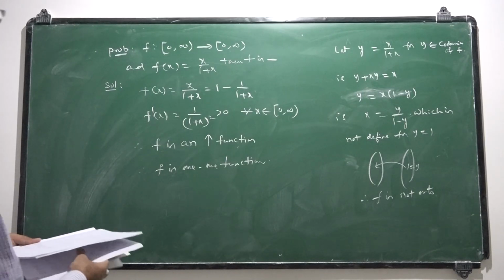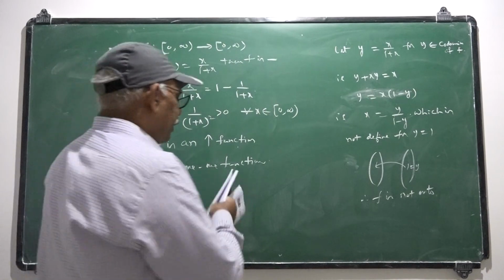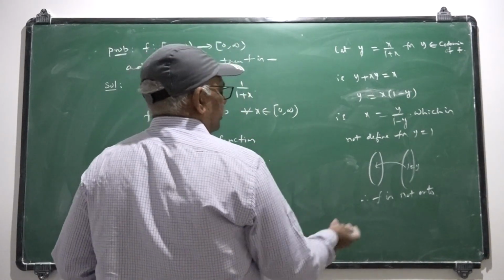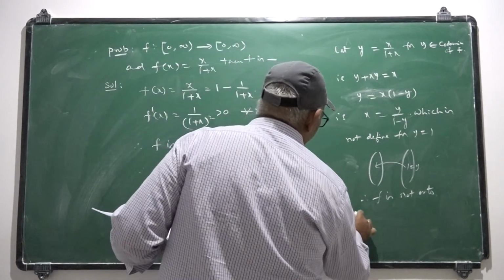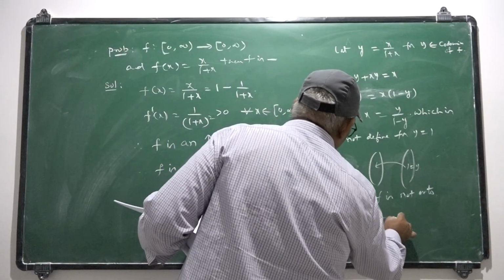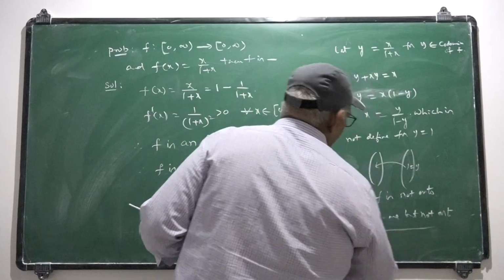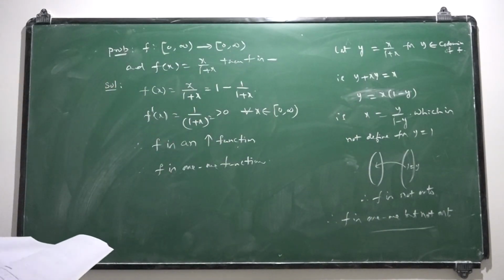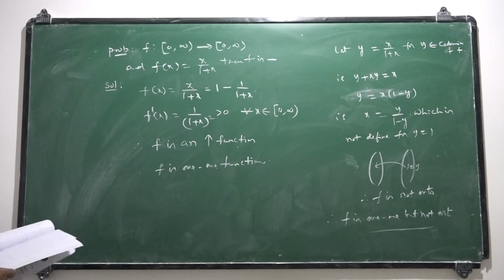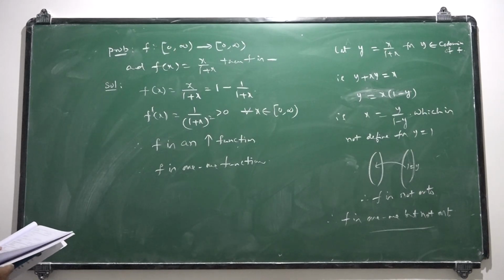That's right. The function is one one but not onto. Okay. So f is one one but not onto. So like that you can develop the nature of the functions.